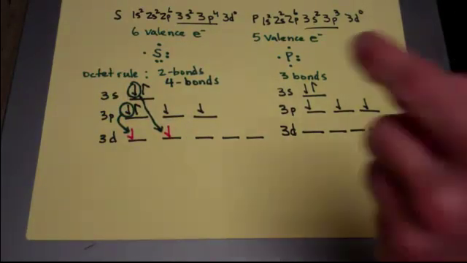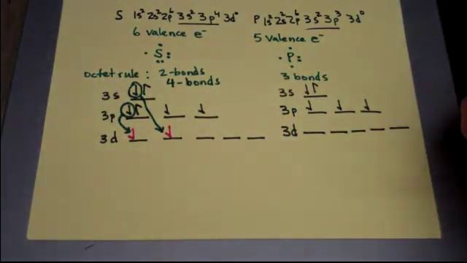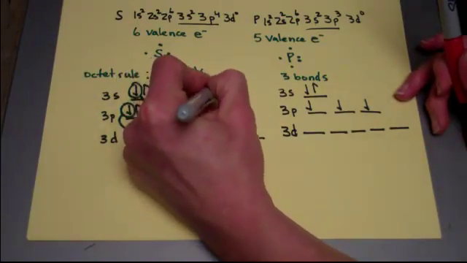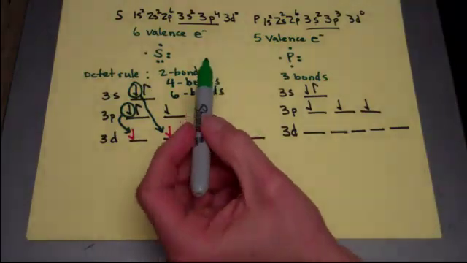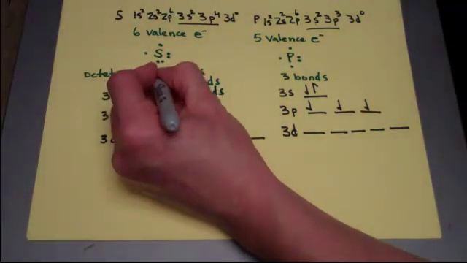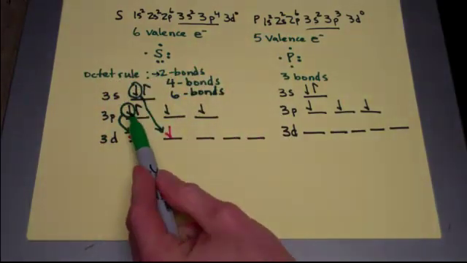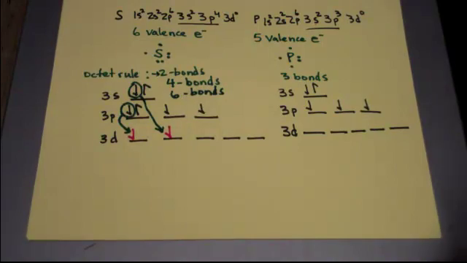So you can have 2 bonds, 4 bonds, or if the electron configuration shifts to this state, you could have 6 bonds shared with other elements. So sulfur is special. The octet rule would give us 2 bonds, but we can break the octet rule by doing electron splitting, and we can have 4 bonds or 6 bonds.